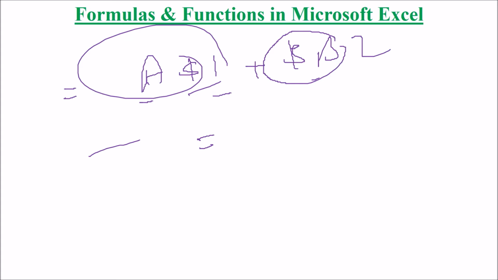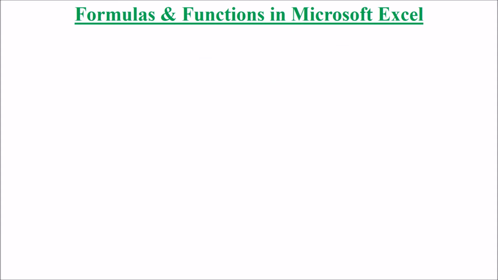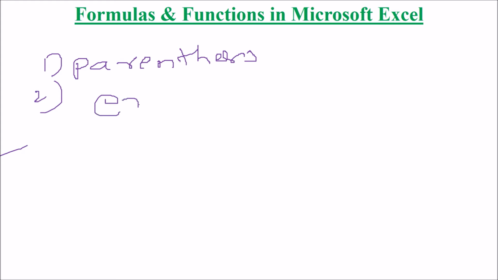So when you perform calculations in Excel, we need to be very careful about the precedence. Excel follows the standard order of operations when it performs all calculations. First is your parenthesis, then you have exponents.